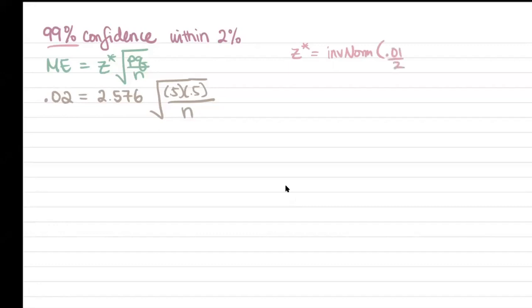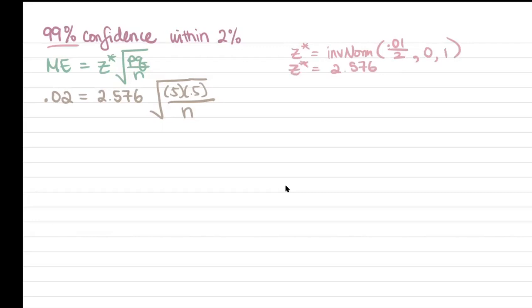For me, I tend to make careless mistakes with how many zeros to put in. I know 1% is 0.01, divided by 2 gets me that one tail. You can type that into that field and the calculator will do it for you. So that gets me 2.576 for the Z star.